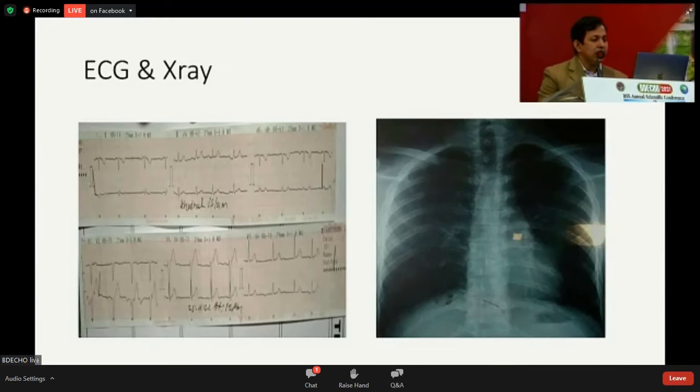On ECG, his heart rate was about 110, with normal PR interval, LV strain, and mild left axis deviation. X-ray showed situs solitus, levocardia, no significant cardiomegaly, and no pulmonary hypertension like plethoric lung field.